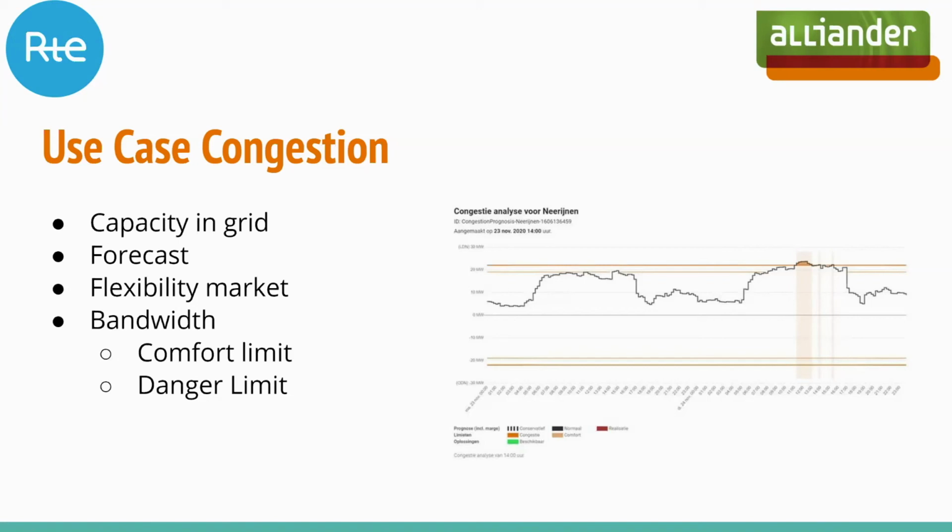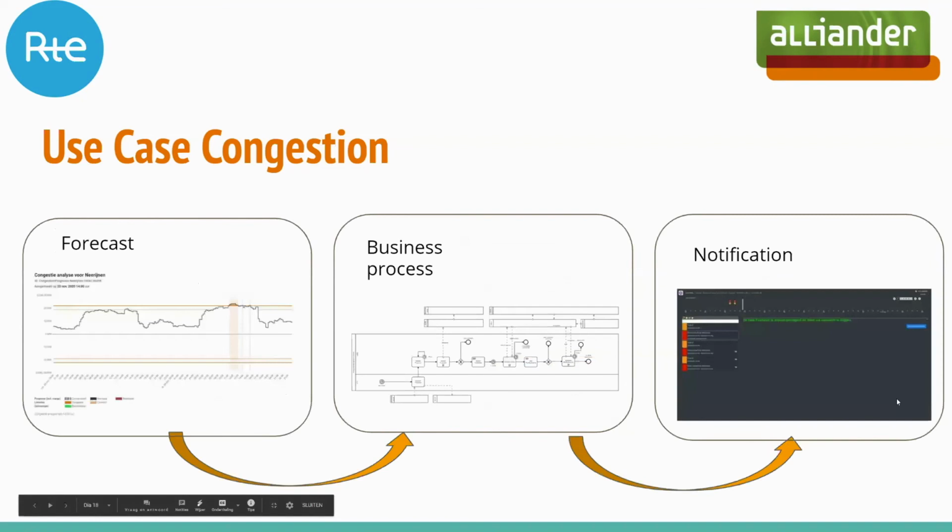Of course, you can imagine, next slide please, that in case we hit the limit, we want to have a notification on OperatorFabric. So what we have here, we have a forecast. We see, okay, in that time, there might be a congestion coming up.